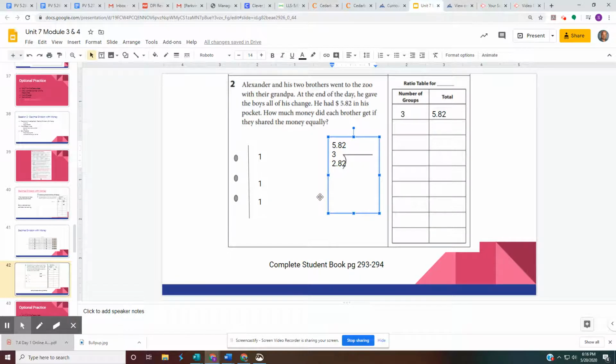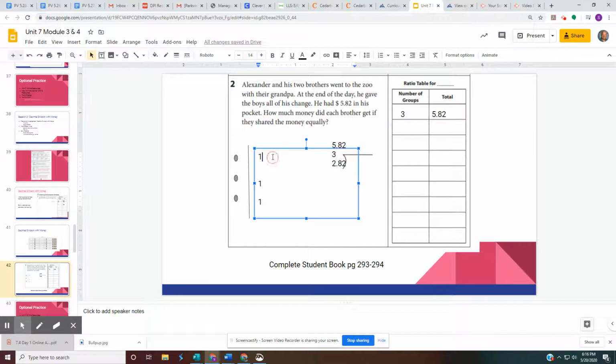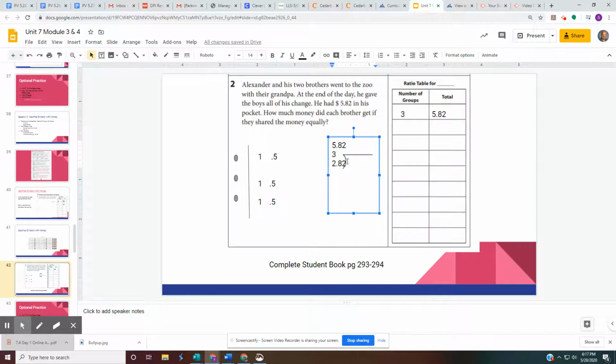I know that if I can give everybody 50 cents, that one seems to be pretty easy for me. How much is 50 cents for everyone? That's $1.50. So if I subtract another $1.50, that leaves me with $1.32, right? And now I can give everybody, well, let me see. I have three.